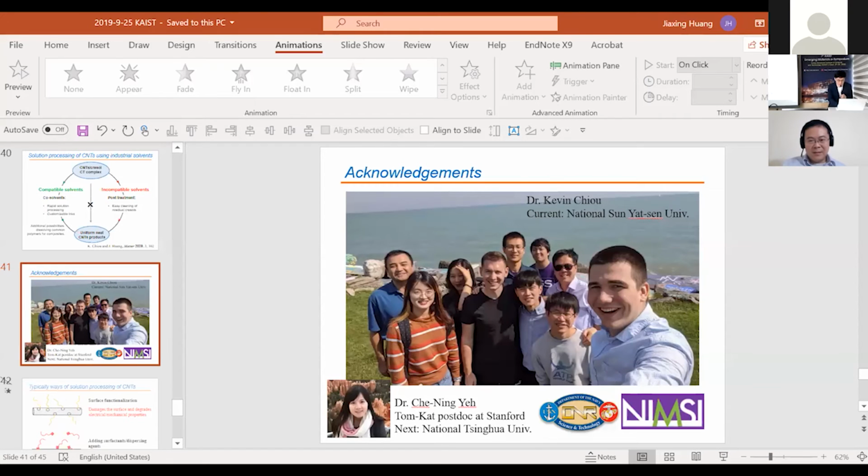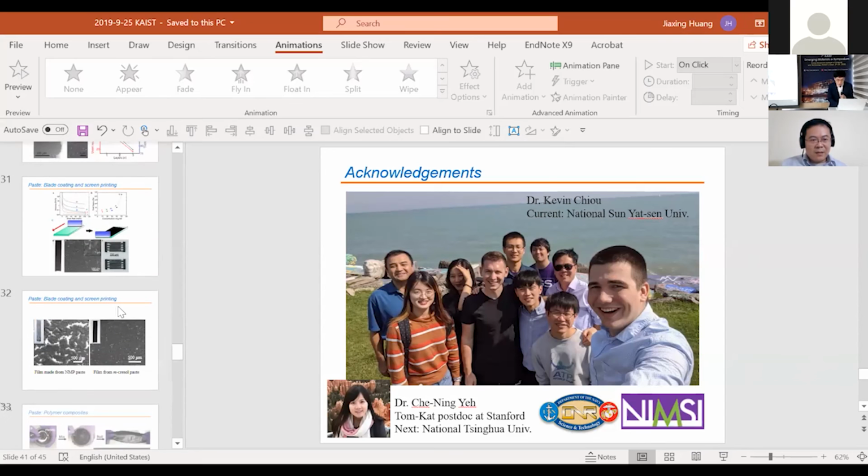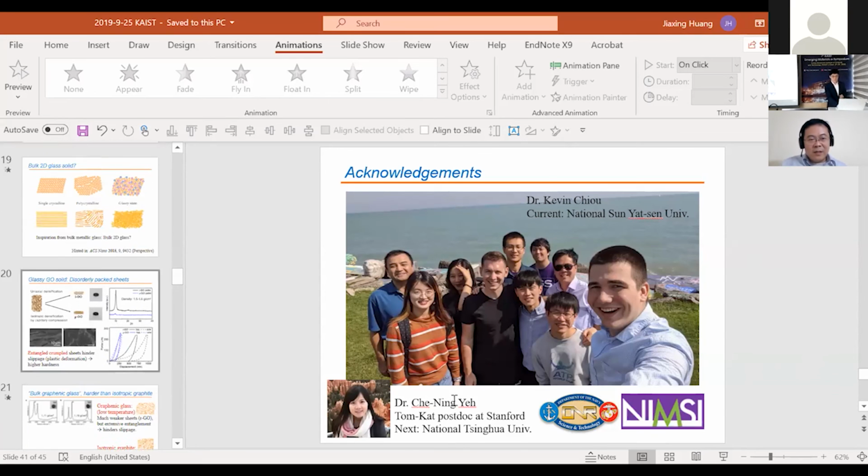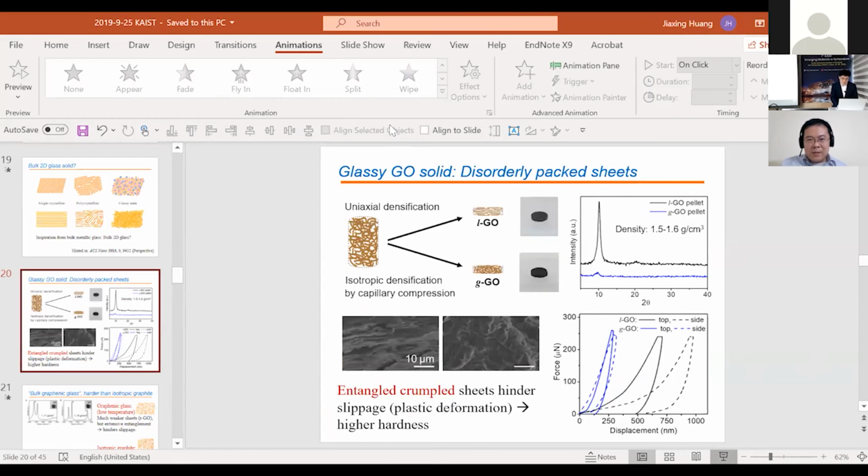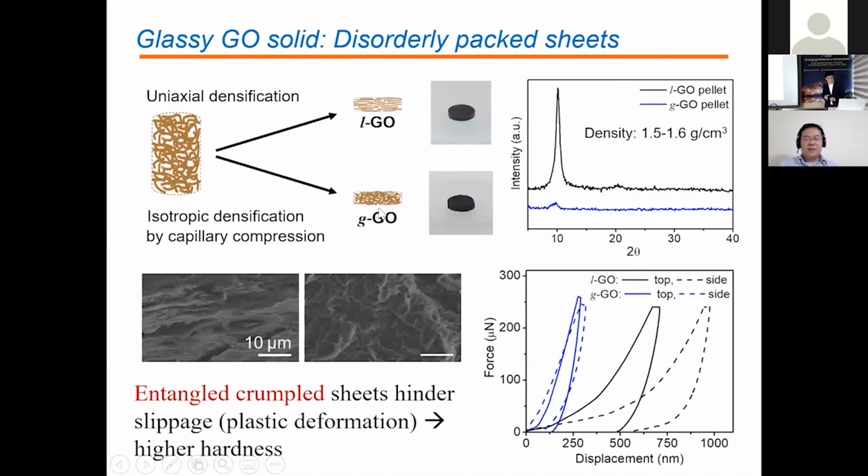The first question is, thank you for your great talk, Professor Huang. You may have already mentioned it, but could you comment on how to control the fraction of lamellar to glassy graphene oxide upon desiccation? Okay. So we were trying to get the same volumetric density, and also as high a density as possible.